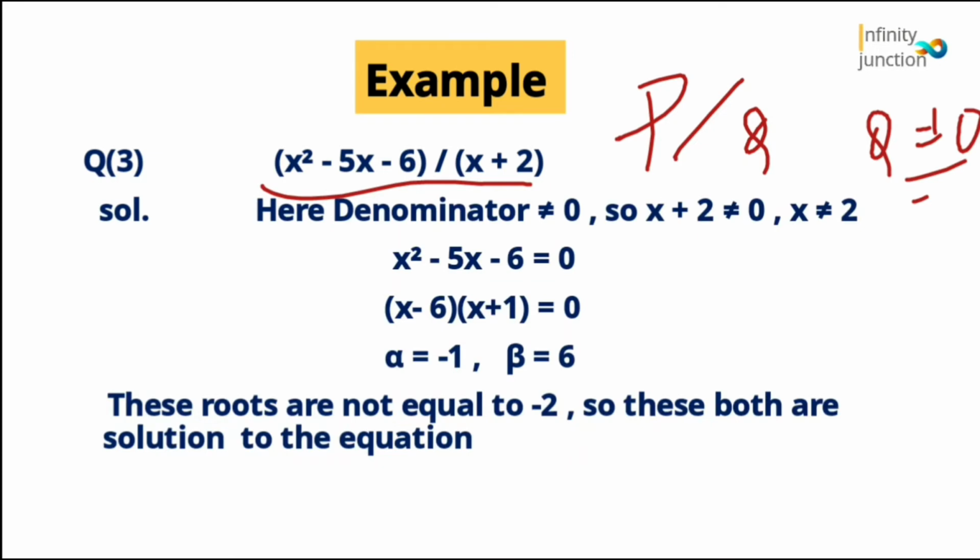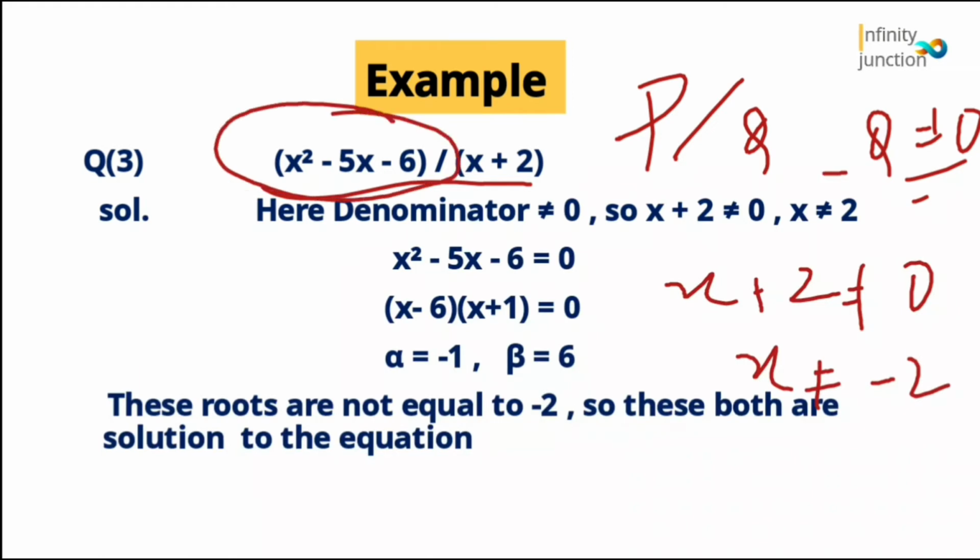Therefore x plus 2 is not equal to 0, and x is not equal to minus 2. And if you solve the quadratic equation x square minus 5x minus 6 equals 0, you will come up with two roots, alpha and beta, as minus 1 and 6. So minus 2 is not a part of the solution, and alpha and beta are the only solutions of this equation.